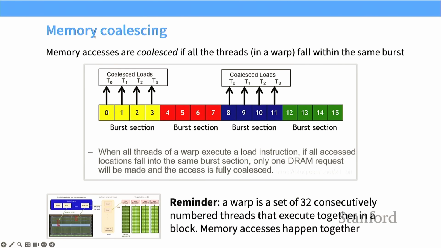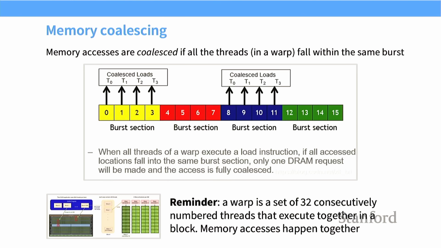But if I go and check the very first value, then I'm going to get this entire burst section at once. And then if I go and check number 4, I'll get the second burst section at once. And so I can get 4 times the throughput if I'm really clever about my memory accesses and only access just the bits I need from each burst section.